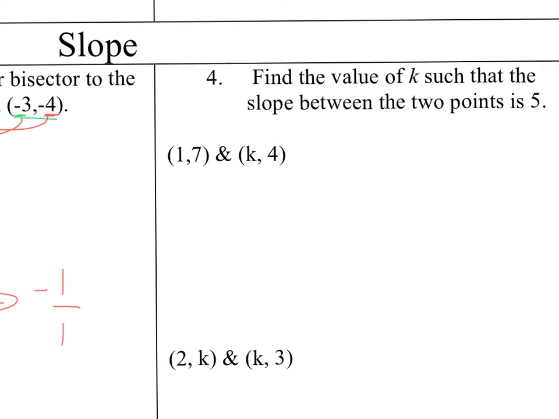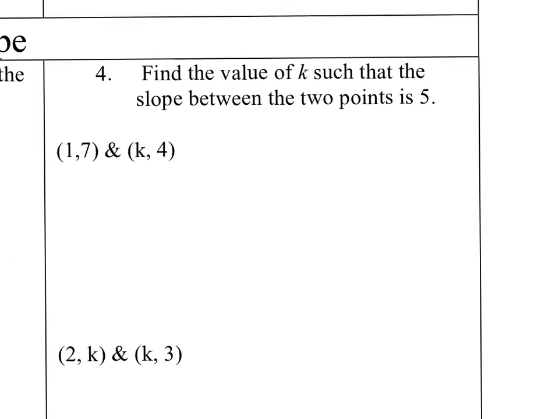Moving on to the problems that involve finding things with k. In each of these, we're trying to find a value of k so that the slope between the 2 points is 5. I probably want to start by setting up a slope equation. So we've got 4 minus 7 over k minus 1 is equal to 5. I could simplify the top to get negative 3.